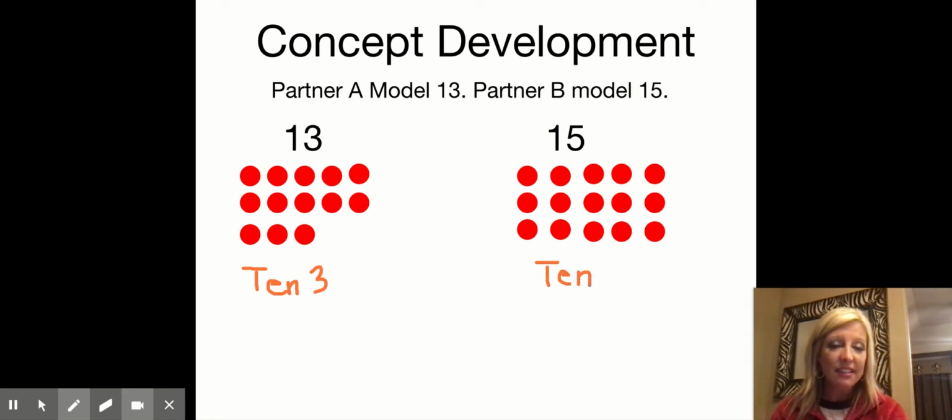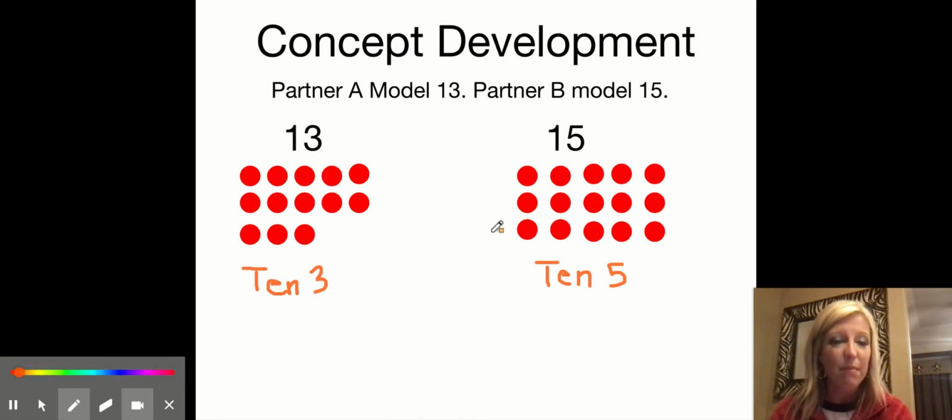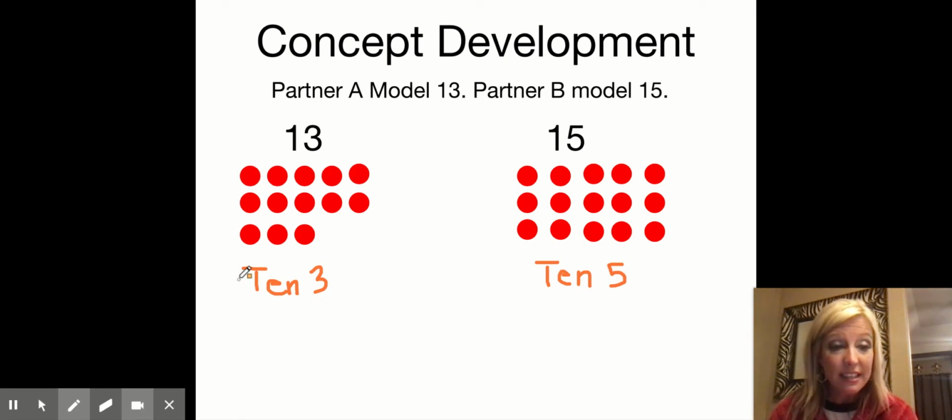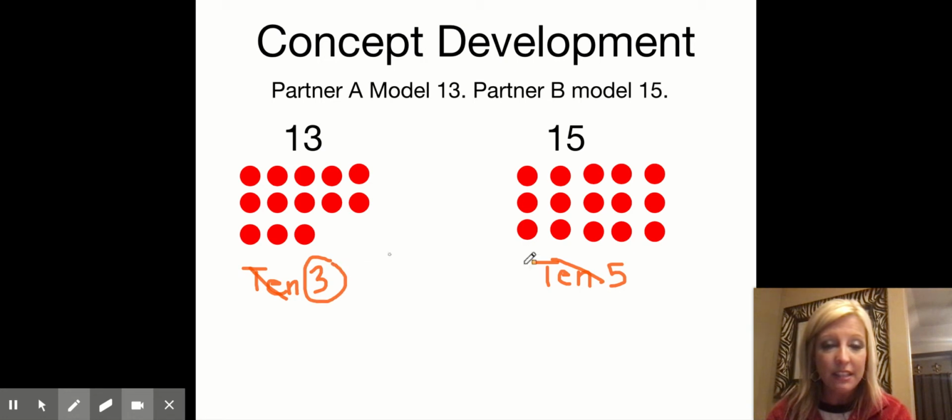All right. So let's talk about things that are alike about these numbers when we say them the say 10 way. Go ahead and take a peek at that. Talk with your learning partner about what you see that's the same. So what did you notice? Very good. They both have 10 ones. So that didn't help us. What about the other ones? What do they have left? Very good. This one has 3 ones left, and this one has 5 ones left.